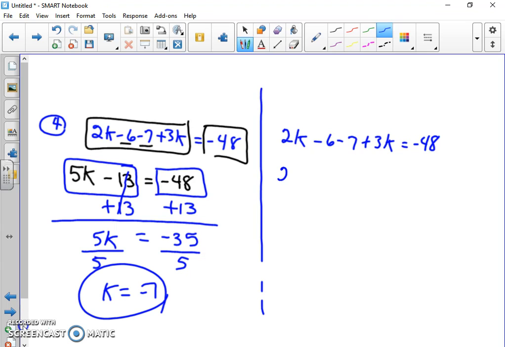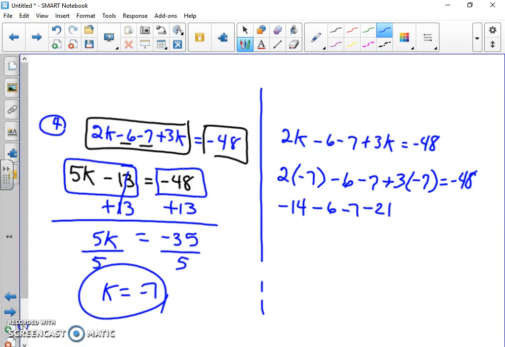Let's check it. 2 times negative 7 minus 6 minus 7 plus 3 times negative 7 equals negative 48. 2 times negative 7 is negative 14 minus 6 minus 7. 3 times negative 7 is negative 21.